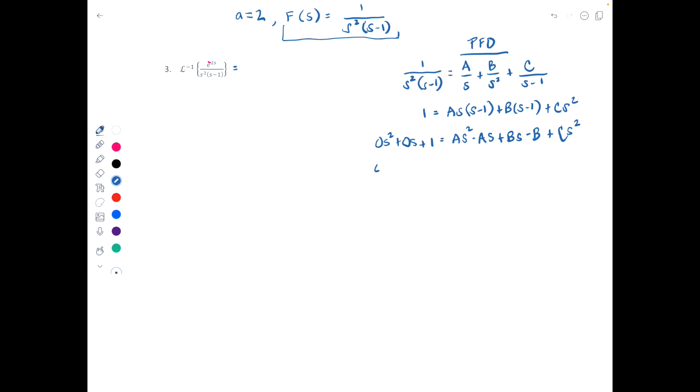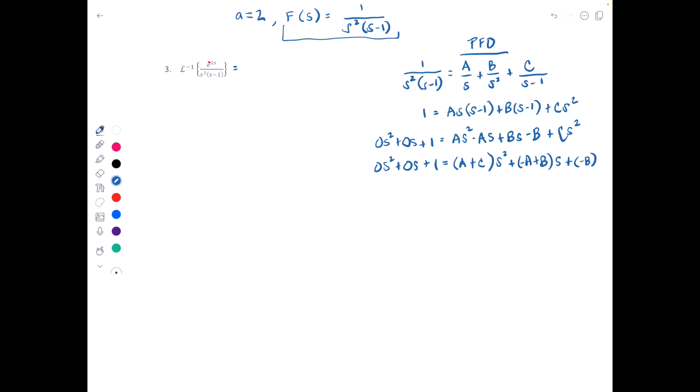So then 0s squared plus 0s plus 1 will be a plus c times s squared, and then plus negative a plus b times s, and then plus negative b will be our constant.